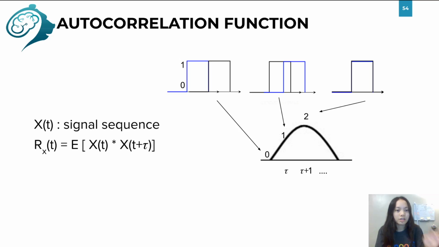Another side note is that autocorrelation is a signal being multiplied by itself, but if you multiply it with other signals, then it's called cross correlation.